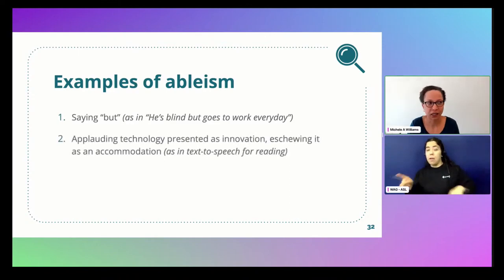Another example is applauding technology presented as innovation, but rebuffing it as an accommodation, such as text-to-speech for reading. So Audible, an audiobook, using that to listen to books in an audio format is seen as a good use of time, a great way to get the information in. Some people really enjoy it, and it maximizes their ability to get information found in books, but maybe they don't have time to sit down and open one up or read it on their tablet.